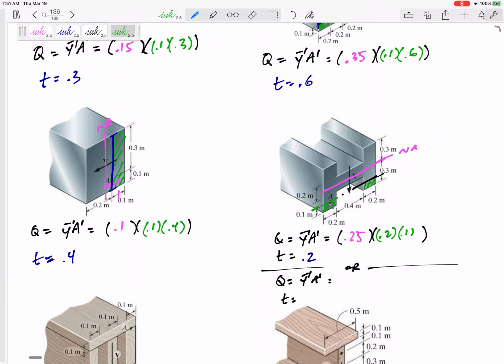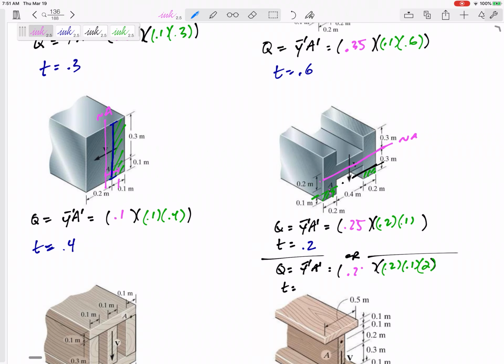And my A prime would be 0.2 by 0.1, and I have two of those. This Y bar prime would still be 0.25, but here the thickness, I would need to do the thickness of both of those, 0.4. So when I do the VQ over IT, I'm multiplying by Q and dividing by T. That's why I've got double on top but double on bottom.